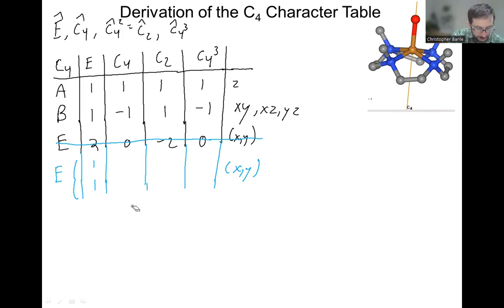Okay, so how are we going to do that? Well, we're going to give these letters right now. We're going to call them A, B, C. We're going to use placeholder variables to help us figure out what these are, and we're going to use the character table rules that we know of to help us derive what these values are.